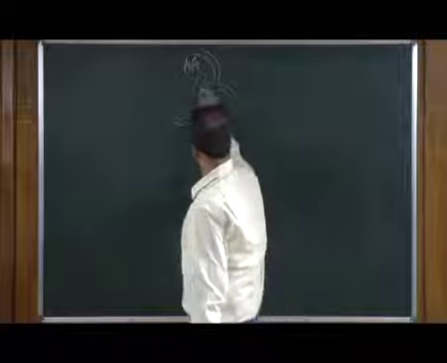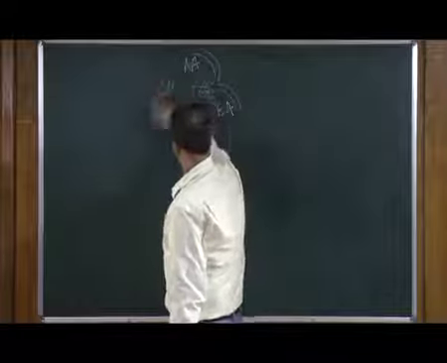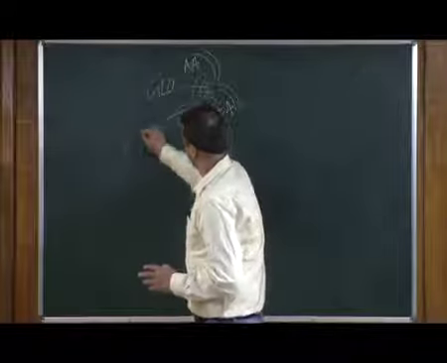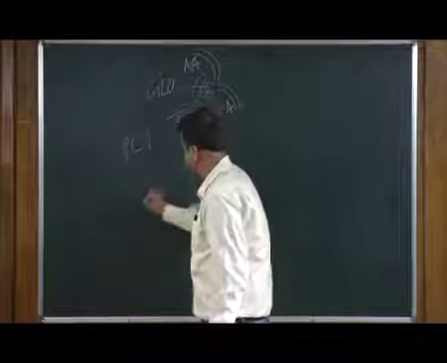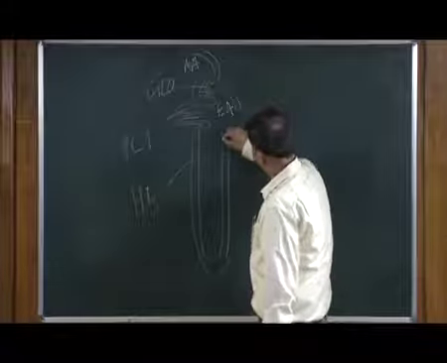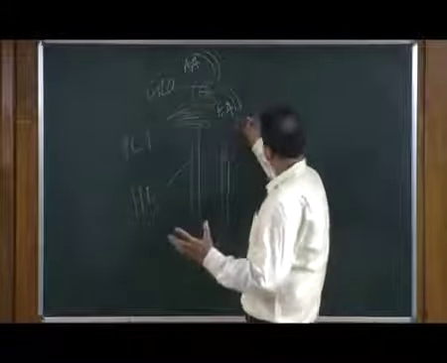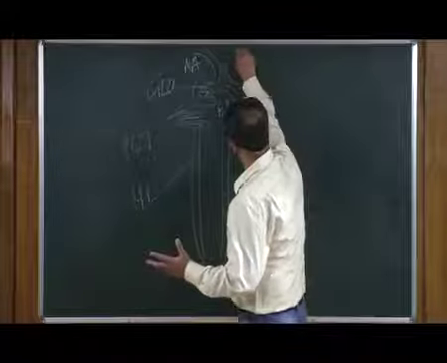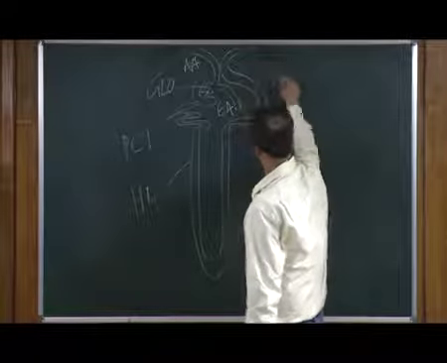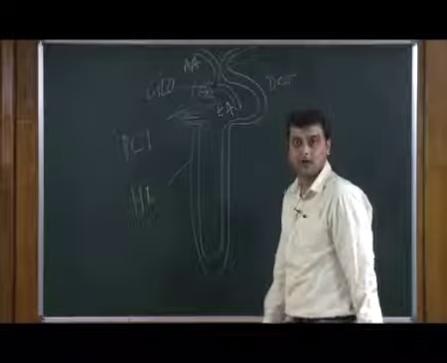Here I'm just writing the short form. This is the loop of Henle, and then the distal convoluted tubule, DCT, is passing through this area.